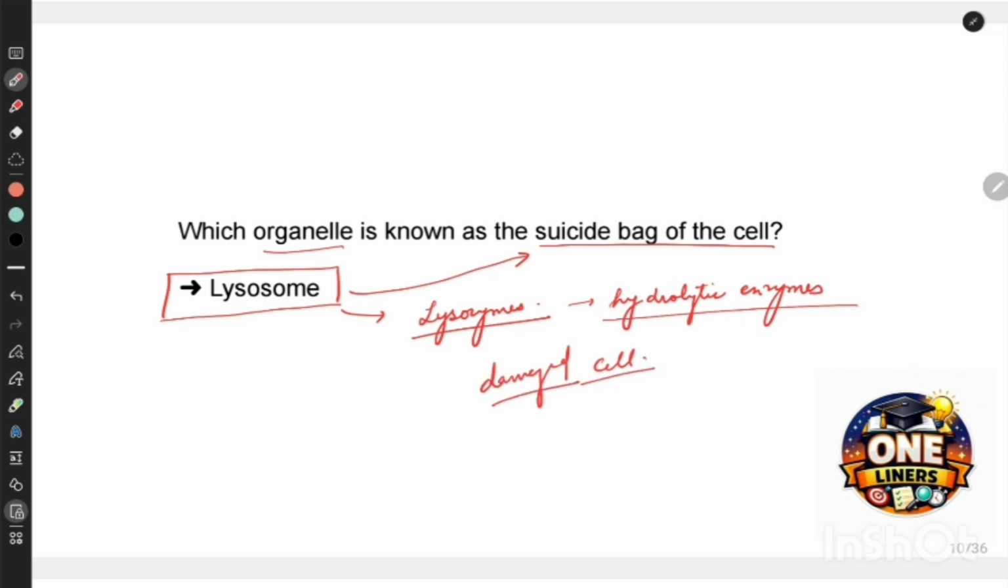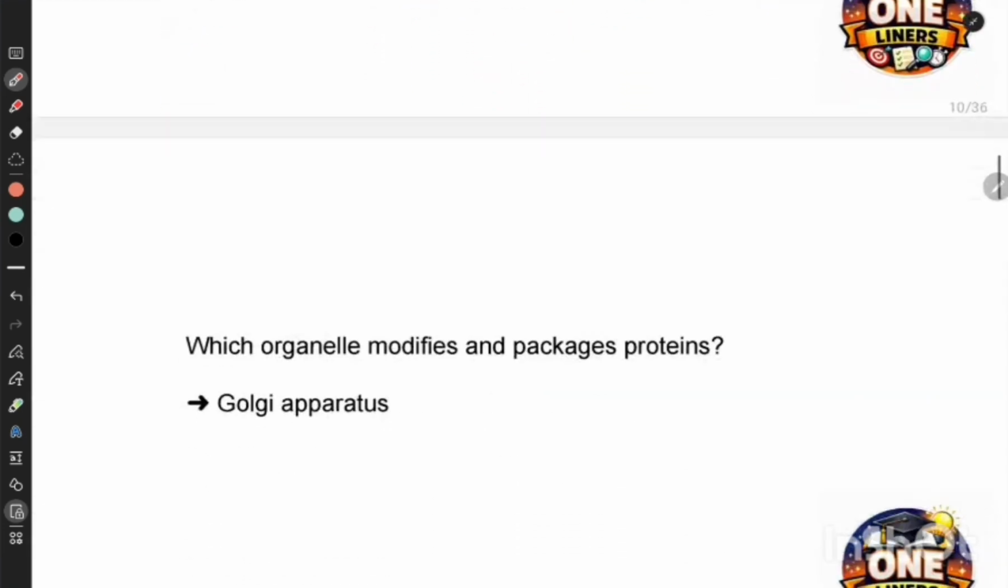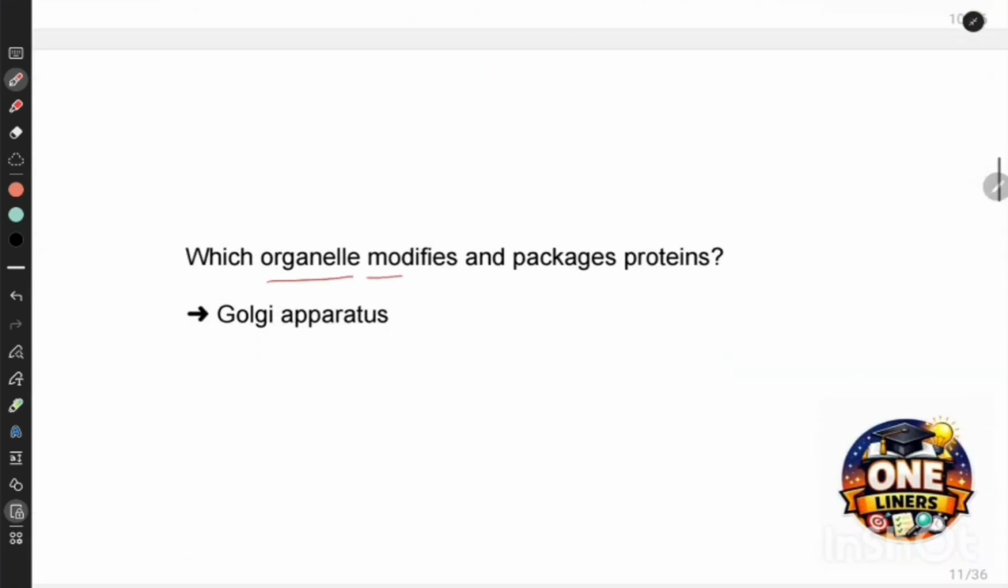Okay, next one, which organelle modifies and packages proteins? So protein synthesis is done by ribosomes, okay, and its packaging is done by Golgi apparatus.